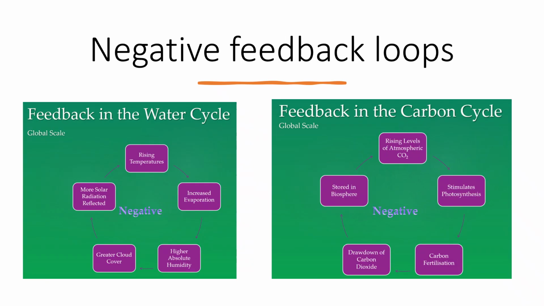We do also, however, have negative feedback loops. We have those for the water cycle. So where we do have rising temperatures, we get increased evaporation, we've got higher humidity. That can generate more cloud cover, which in itself can block out some thermal energy from the sun, and then that can change the atmospheric temperatures so that actually the temperatures reduce a little bit.